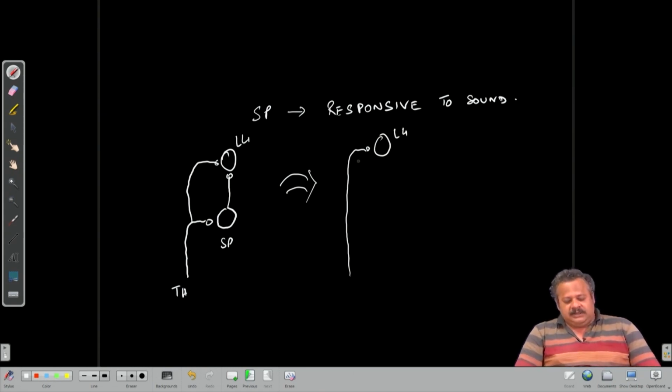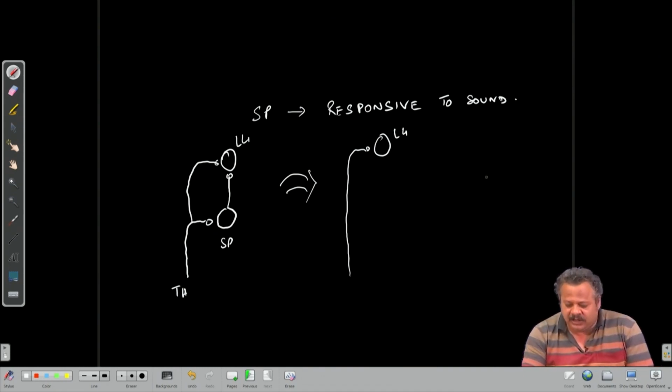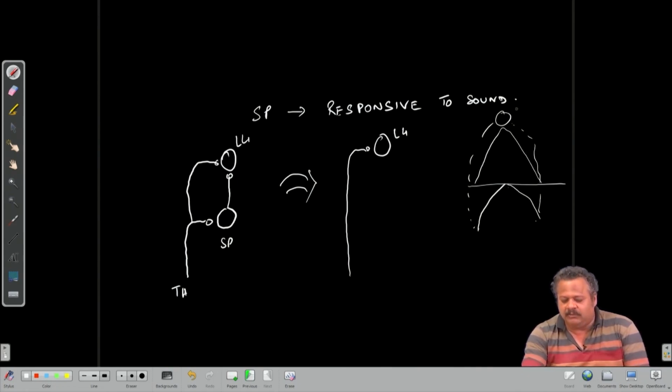And remember that this is a very minimal representation of the circuitry. We had also mentioned to you that the actual circuitry has subplate to layer 4 convergent inputs, and similarly from thalamus to subplate convergent inputs, and thalamus to layer 4 convergent inputs as well.